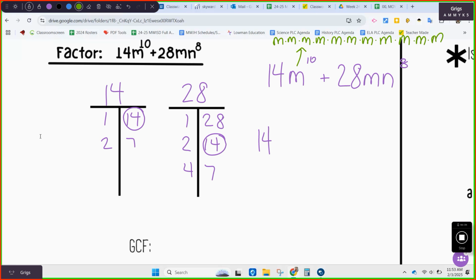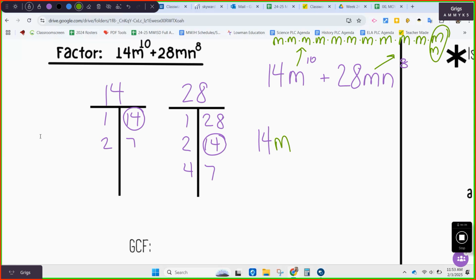I am dedicated. Alright, what would m to the 1 look like? How many m's can I factor out of both? Just 1. So in my greatest common factor, I'm going to have 14 m. What about the n's?